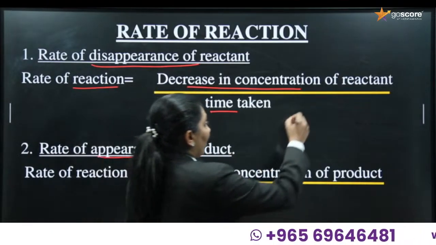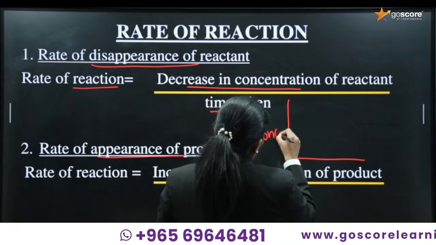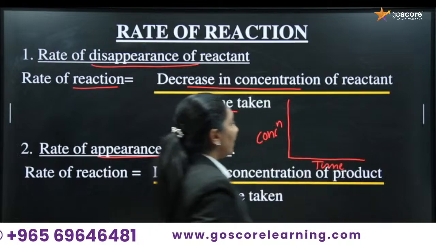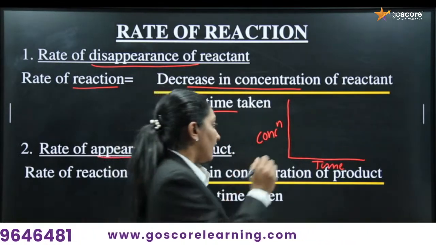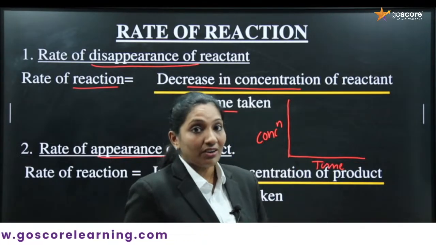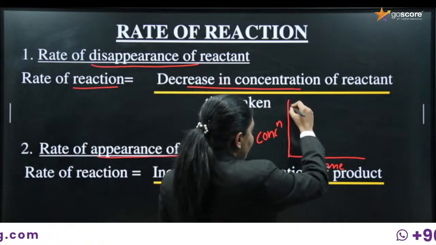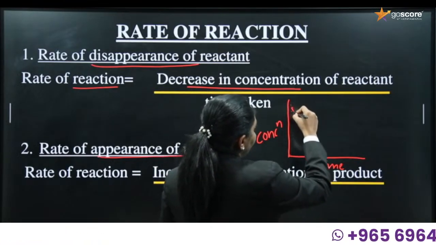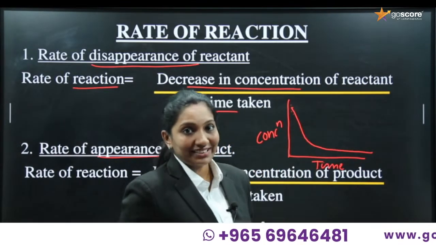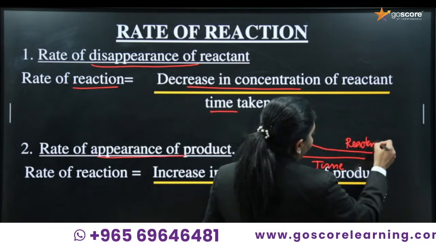So if you plot a graph, taking the concentration on the y-axis and time on the x-axis, what will it be? Initial stage, that is when time t is equal to 0, the concentration or the amount of reactant will be higher. As the time proceeds, what happens? The reactant concentration starts decreasing, right? So we can say this is the graph for reactant.